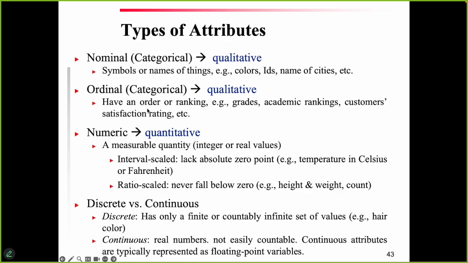You can count them, and there isn't any real value within a range, they don't have any range. So this is the difference between discrete and continuous. Is this clear?